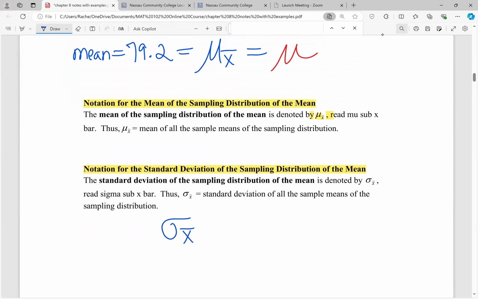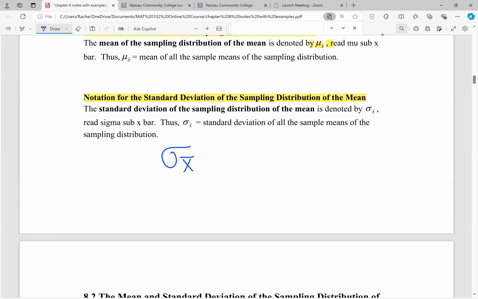So this sigma means standard deviation, and then this little sub x bar means of all the sample means. So that's the notation that we use for the mean and the standard deviation of the sample means.